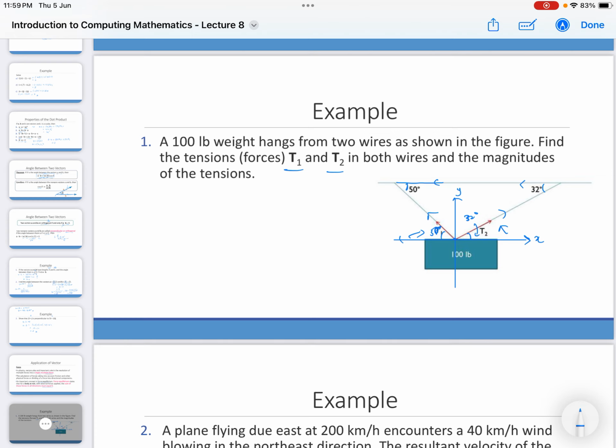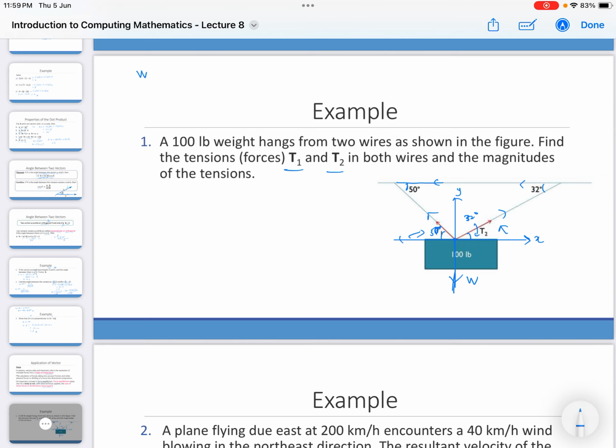If you look at this, we have two forces, the T1 and T2, and actually we have another force. So we have the weight, which is 100 pounds. This weight, the force will be going downwards like this. So let's say we define the force here as W. So we can get the vector W. Vector W also has the initial point at the origin.